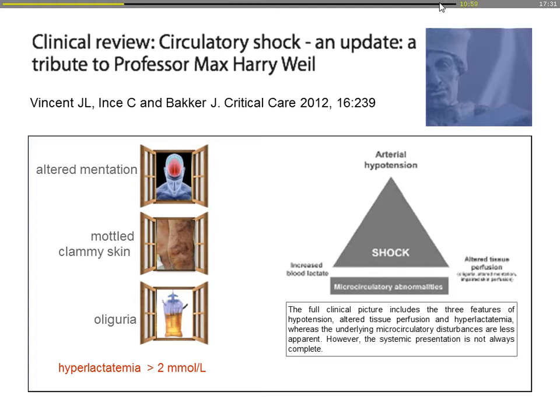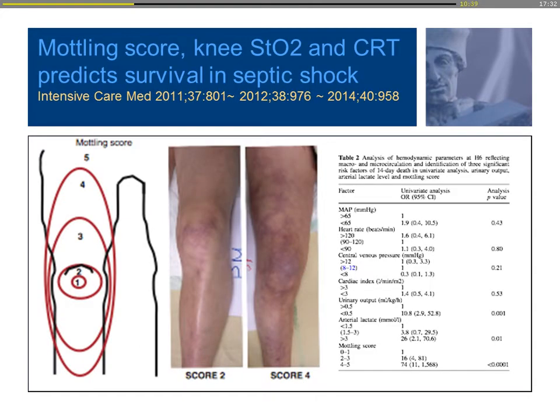When you draw all of these together, the basis of this problem is the inadequacy of perfusion of the tissue, so the microcirculation. But they don't all have to be present at the same time. And especially for arterial hypotension, we already know that it's a very bad indicator of inadequacy.